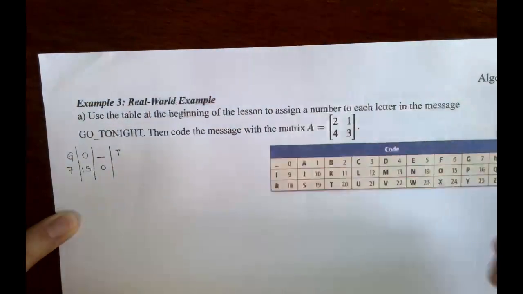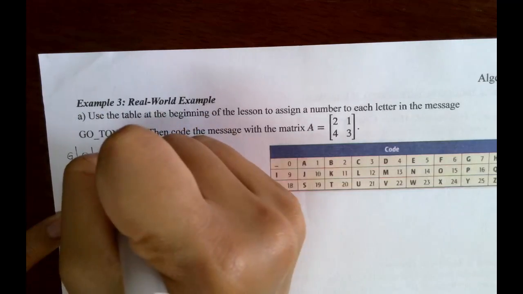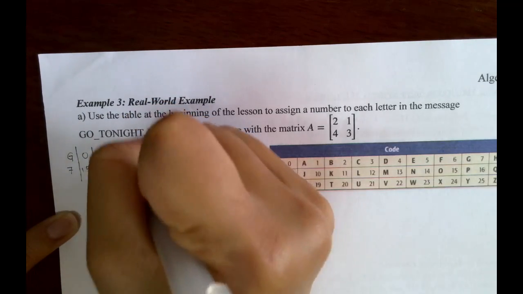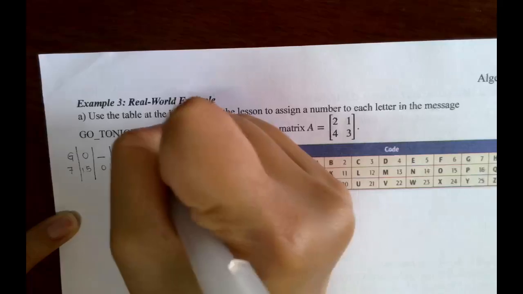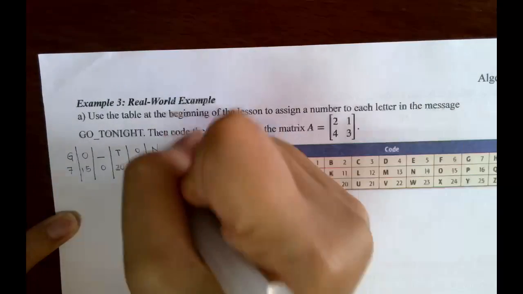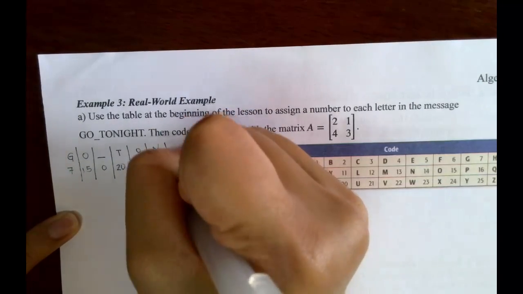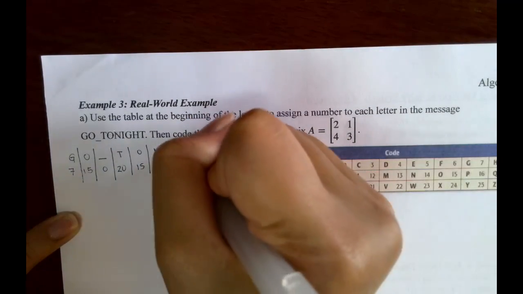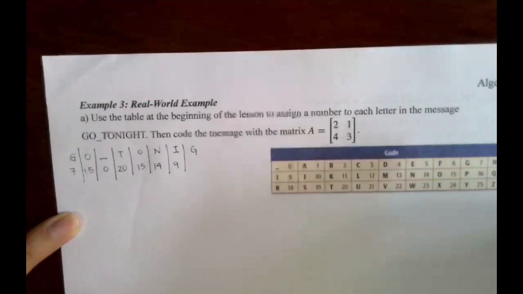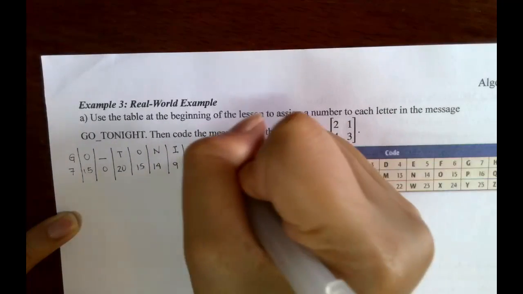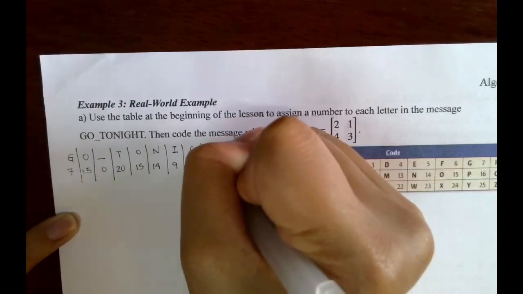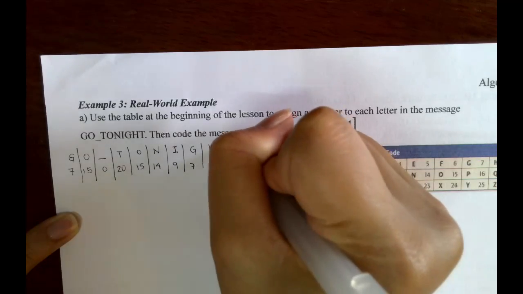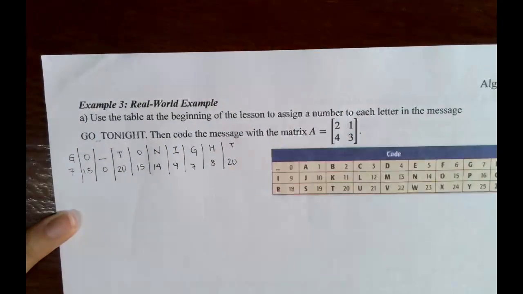The T is going to be 20. The O is 15. N is going to be 14. I is going to be 9. G is 7, which makes H 8. And T is 20.